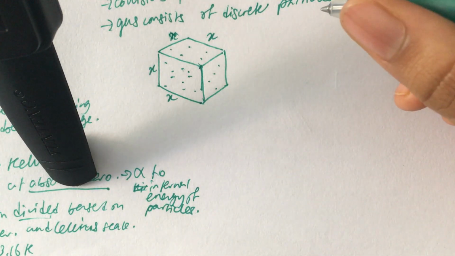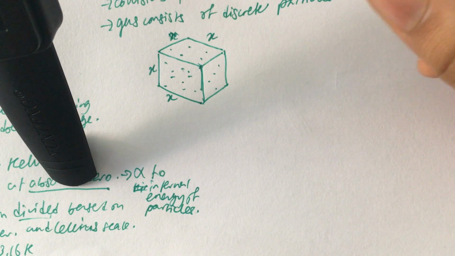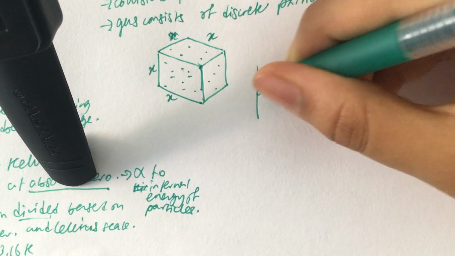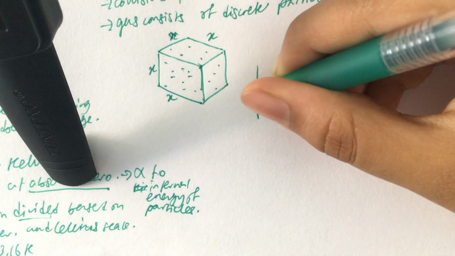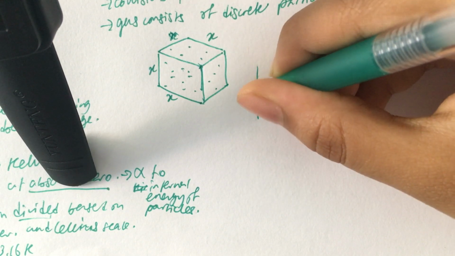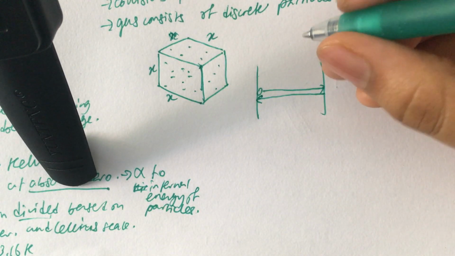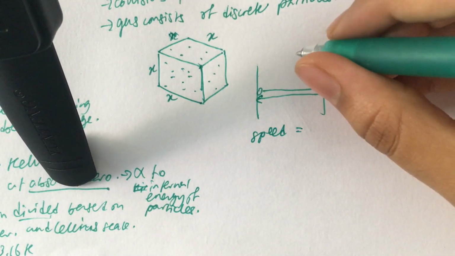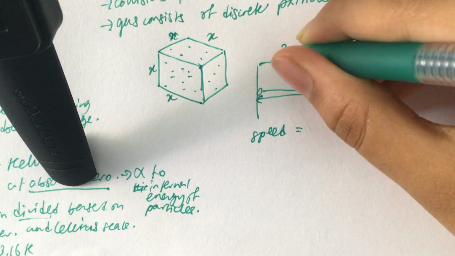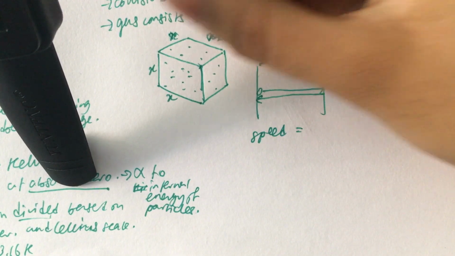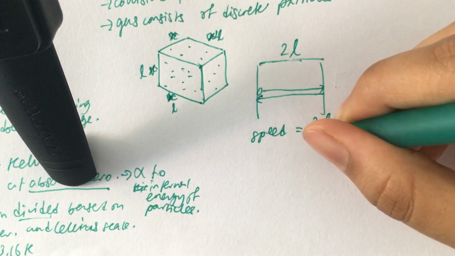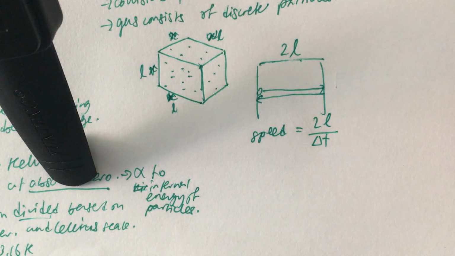Then we get a bunch of gas molecules inside it, and we assume that they follow all of these basic assumptions. The gas molecules will be constantly moving around and colliding with the wall. If you look at one gas molecule and think of its speed, the most simplified way of looking at it is that it starts from the wall, moves to the other wall, hits it, and then comes back to this wall.